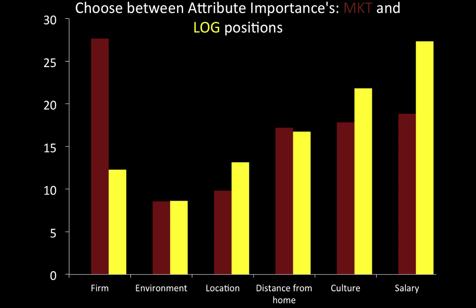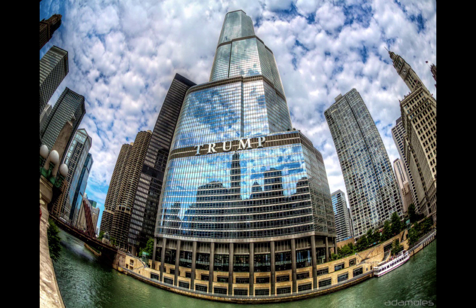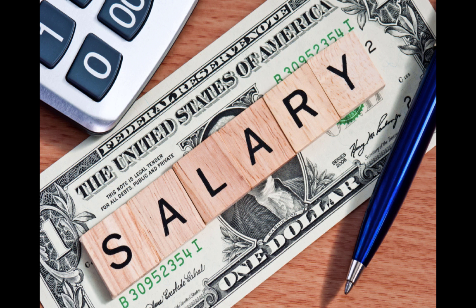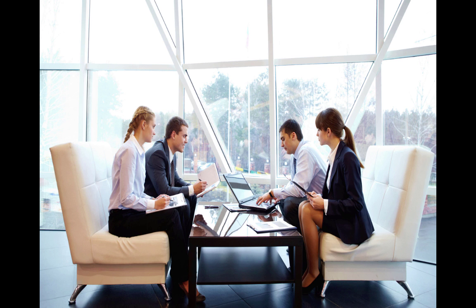That scored pretty high as well, whereas environment and location are definitely flexible in our choices. So like I said, we are definitely looking for a credible and reliable firm. We definitely want that big salary. We're coming out of college, we want that first big paycheck, and company culture and the atmosphere is definitely a key takeaway that we're looking to get in a full-time and internship position.